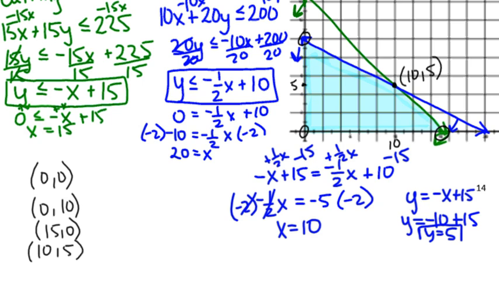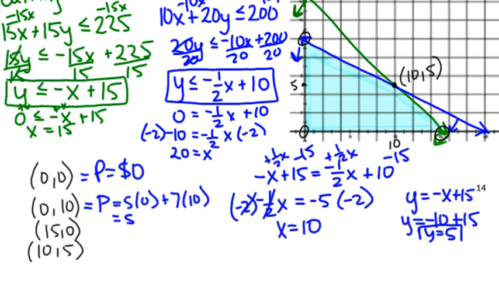So 0 and 0, we know our profit's going to be 0. 0 and 10, so plugging that into our P equals 5 times 0 plus 7 times 10 makes us $70. P equals 5 times 15 plus 7 times 0 is $85. Sorry, $75. Read that wrong.